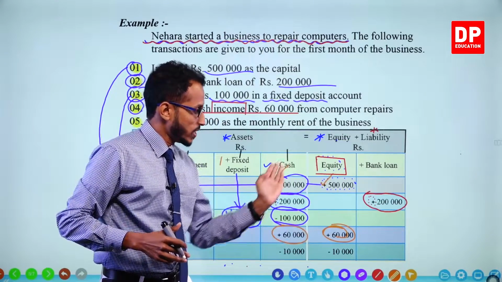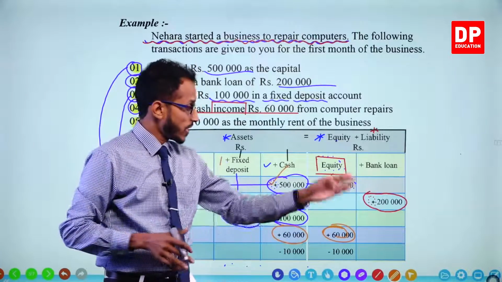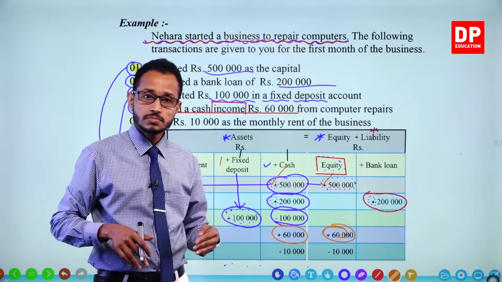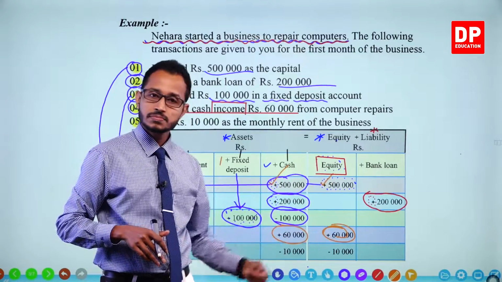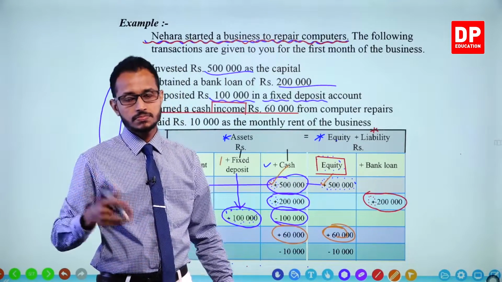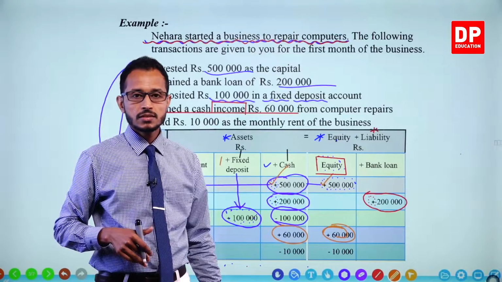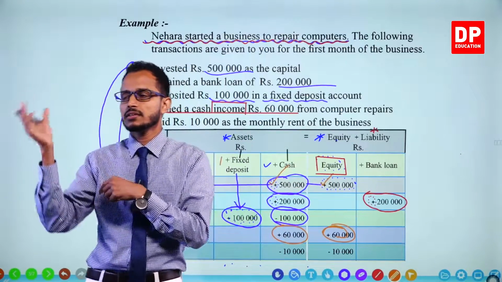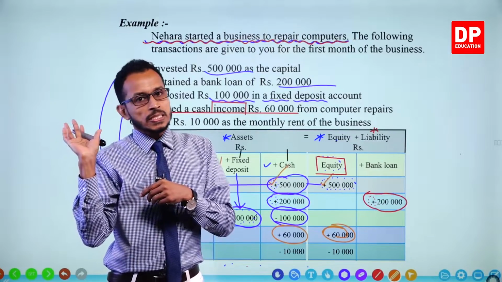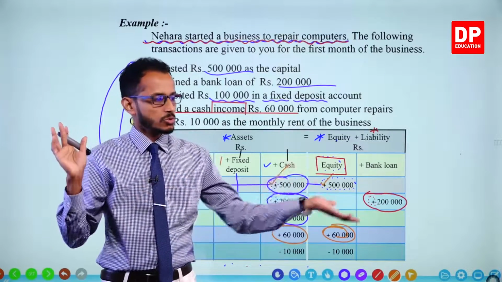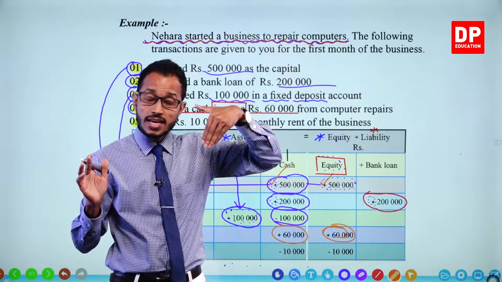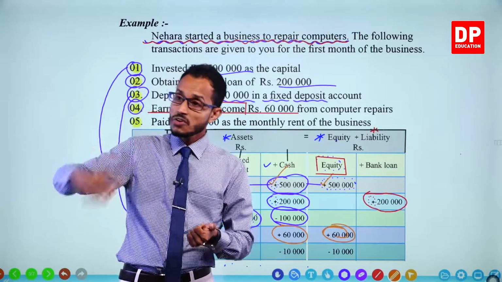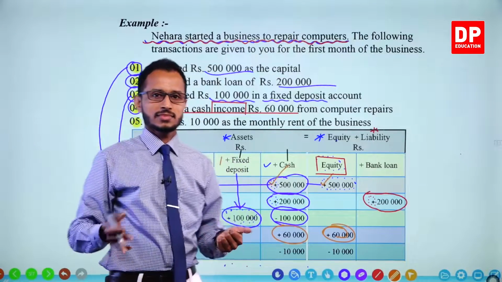In that case, when incomes increase, profits increase, so incomes also go to the owner's equity. I'm not saying that incomes should be taken by the owner. Income comes to the business. But incomes ultimately result in profits, and profits belong to the owner.